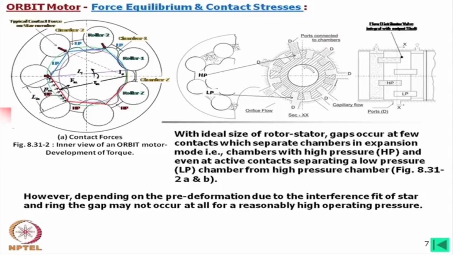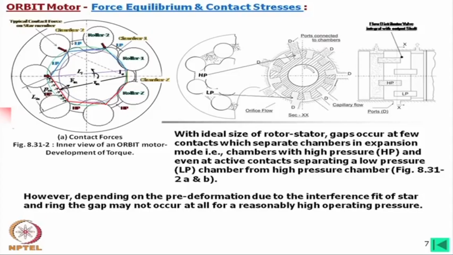Now, if we put the interference fit, it means that actually, as we will describe at some point, these rollers are oversized as well as the star is oversized. So, in that case each and every contact is preloaded. Assembly is difficult, but that is done with some technique, heating one element and cooling the other element, so that assembly is possible.